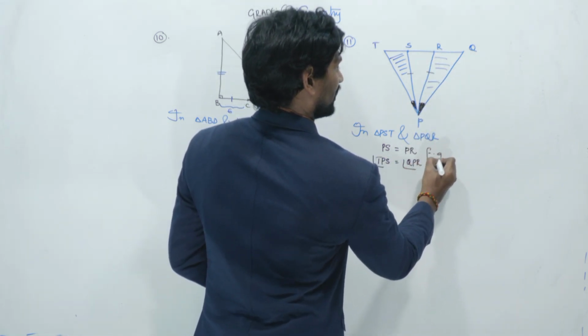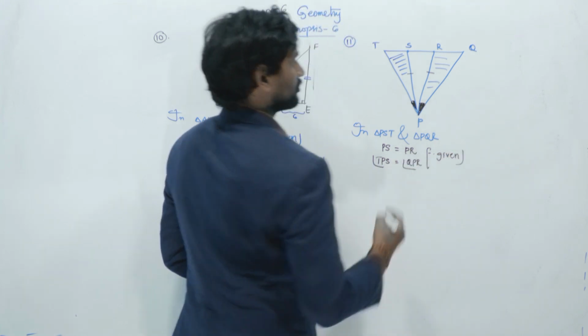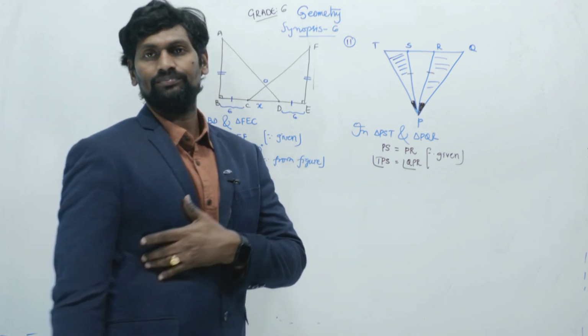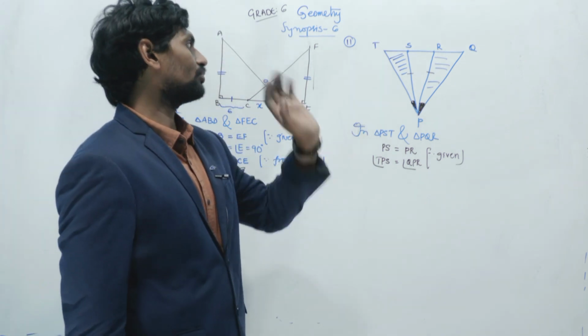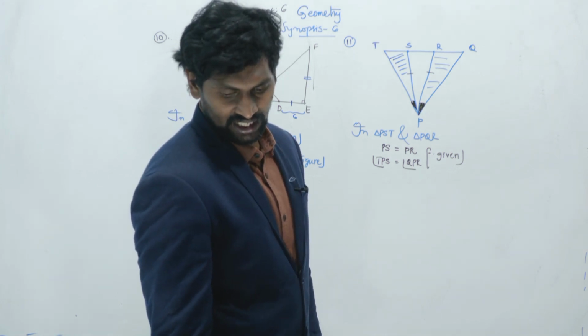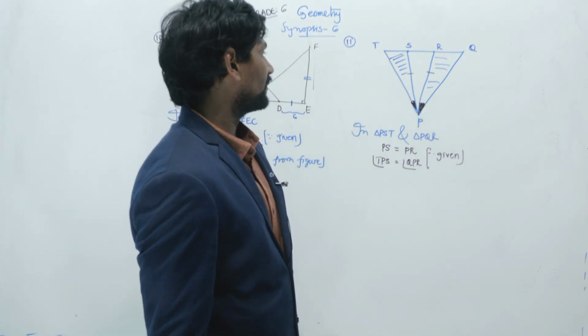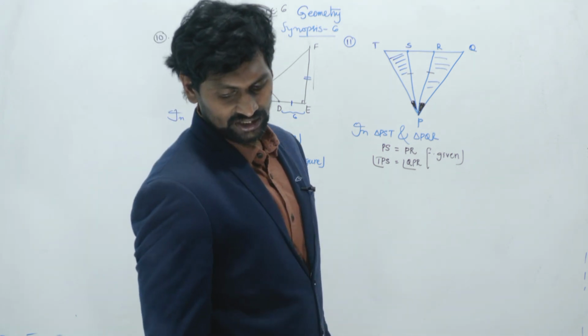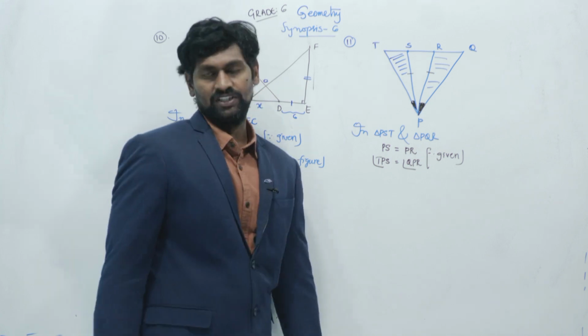These two are clearly given in the question. Now we need to find the third measurement. Are any other clues given? Just read the first sentence of the question again: in the given figure, PS equal to PR. That's it. We did not get any other information.